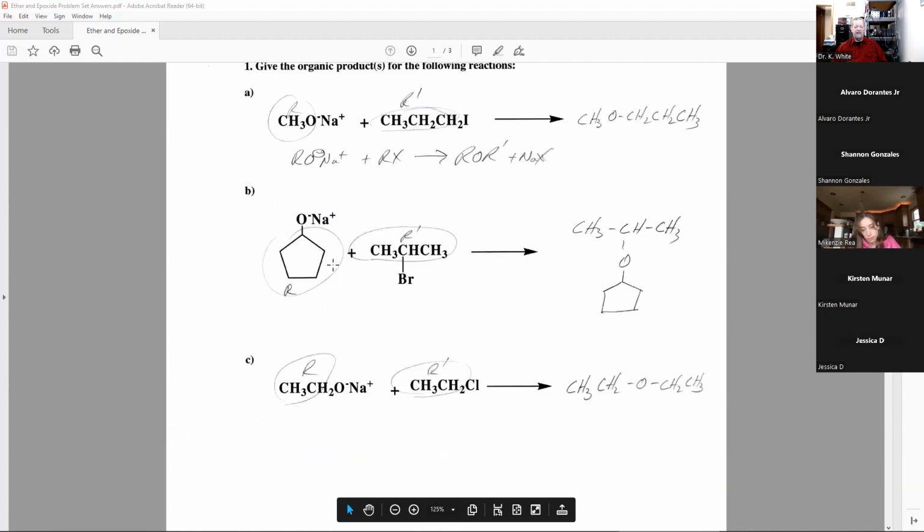If we look at B, oh, I got a fancier R group, but it's OR minus Na plus. The second chemical is an alkyl halide. Notice the bromine is on the middle carbon. The oxygen bonds to the carbon with the halogen and kicks that out. Notice how violent organic chemists are, kicks it out.